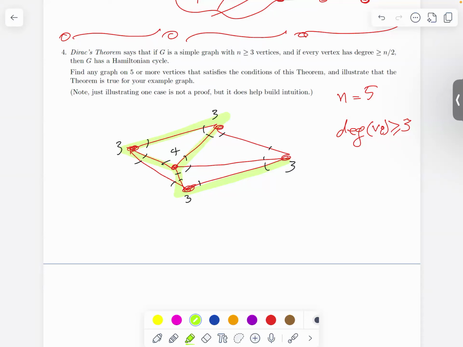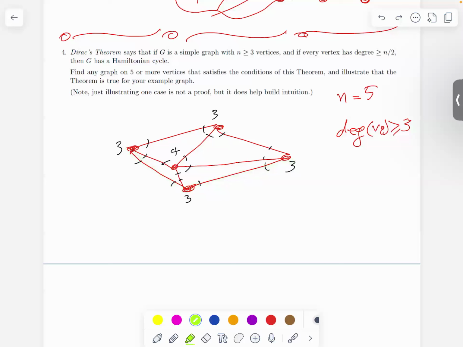Okay, I failed. How do I do this? Okay, now I'm good. So I do it again. Okay, like this one.